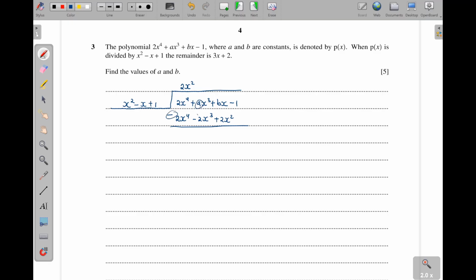Now a minus minus, that one becomes a plus, so we shall have a plus 2, then x^3. Then there is a 0 x^2, minus this 2, so we shall have minus 2x^2, and then there is also this bx, minus 0 here, so I just slide these two down, plus bx minus 1.